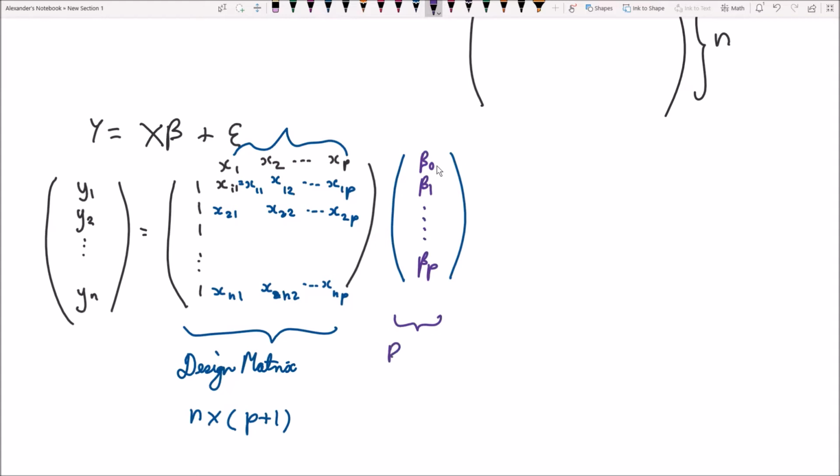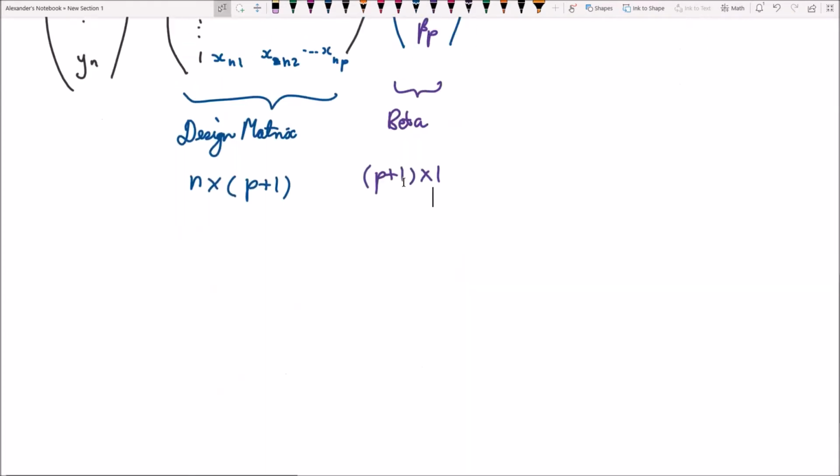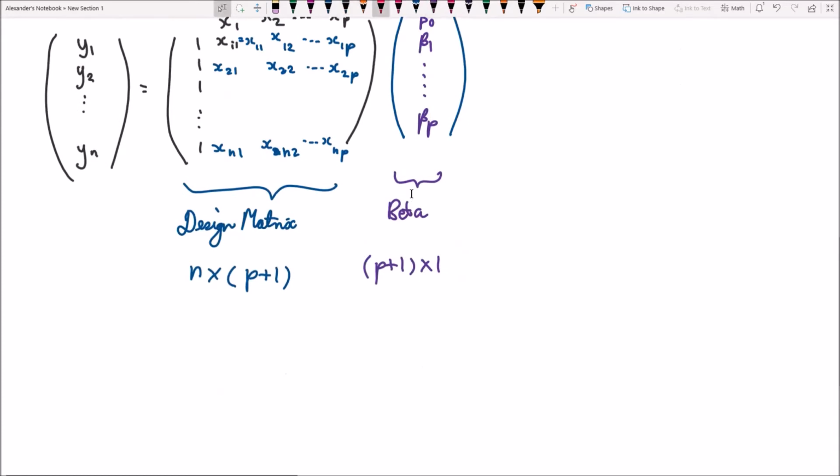So this is beta, which is a vector of all of our individual coefficients for our regression model. And it's going to be a vector with p plus 1 rows and 1 column. So if we multiply x times beta, then we need to check that the dimensions correspond, and they do indeed.